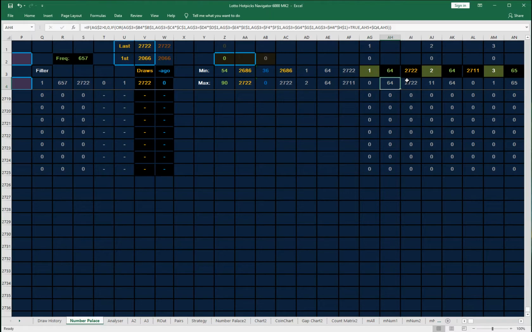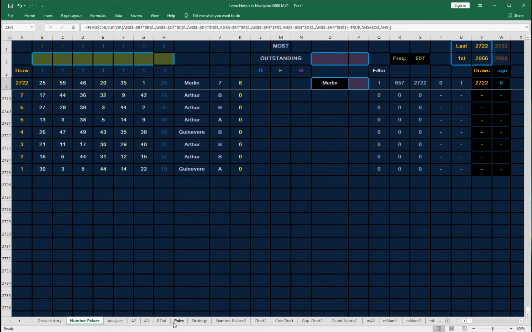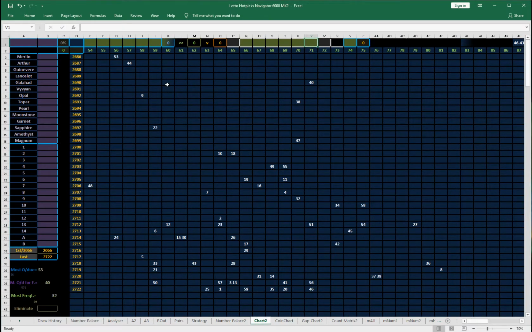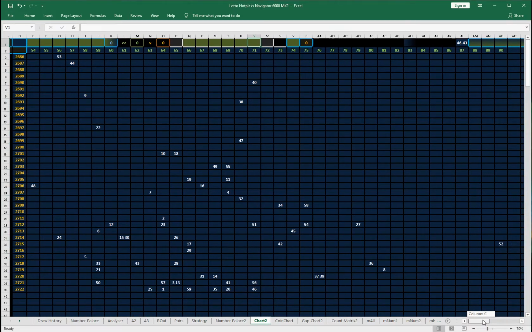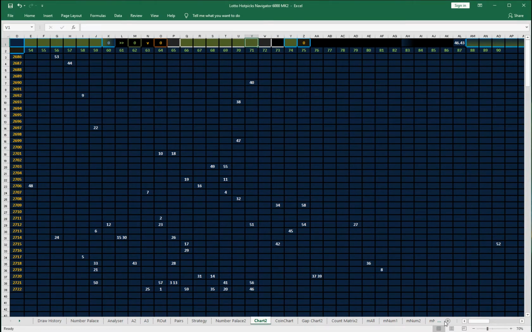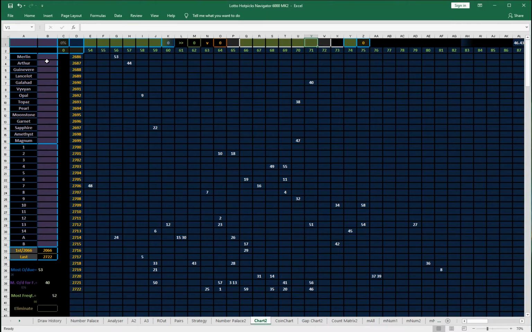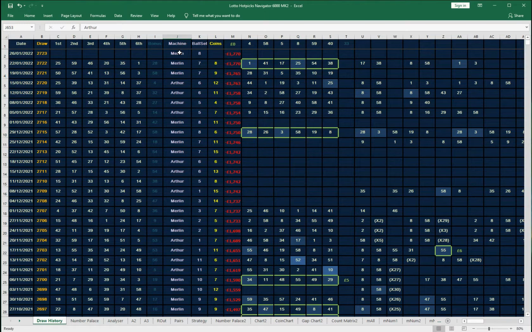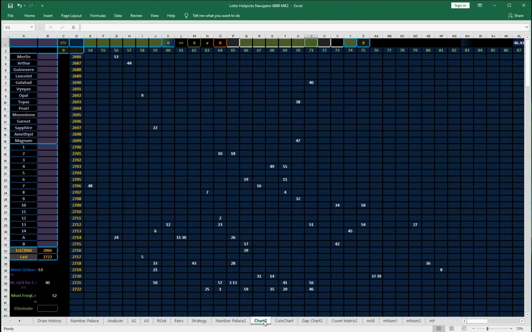Basically what that does is enable me to filter these numbers, or change the chart in other words. I can adapt the chart so that, for instance, we can just look at the machine, and so we're only looking at the draws where that machine was used.